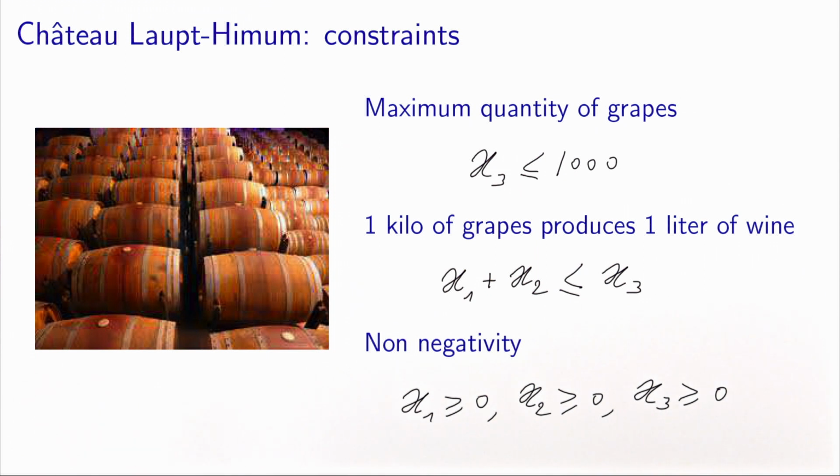How do we interpret that we need to produce minus 10 liters of rosé? So these types of constraints are very important, although they are easy to forget because they are so intuitive in the context of the real problem that we don't think about making them explicit in the model.